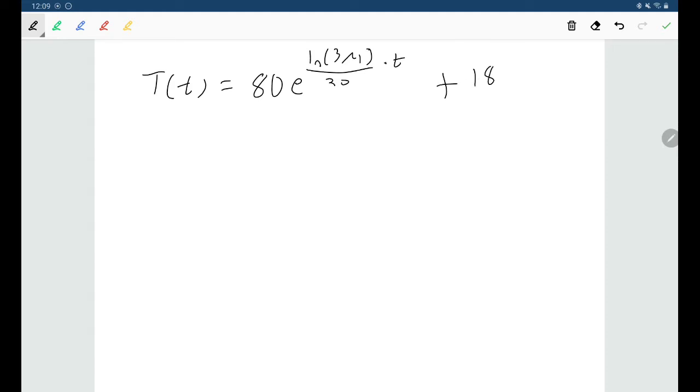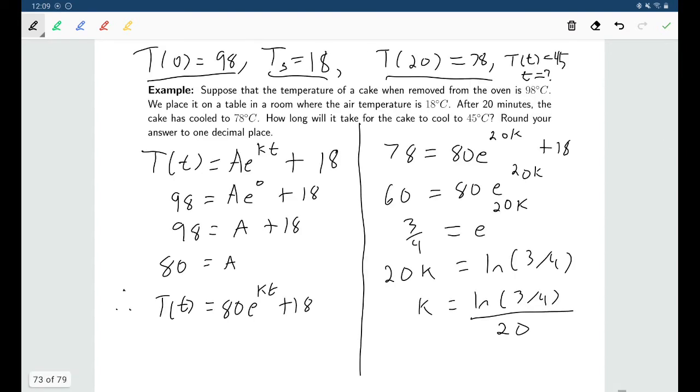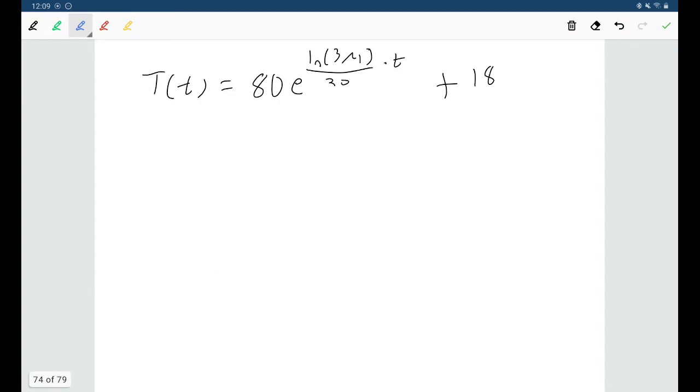So there we go. We've got our equation for temperature at time t, and what we wanted to know was the time it takes for this temperature to become 45 degrees Celsius. So now we want our temperature to be 45, and we'd like to solve for t.